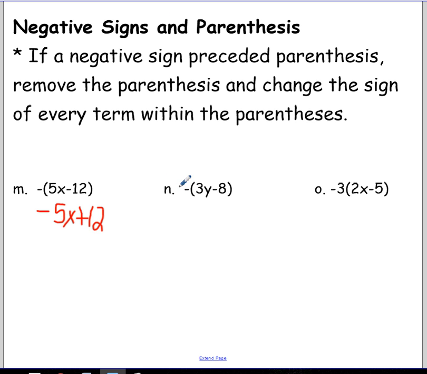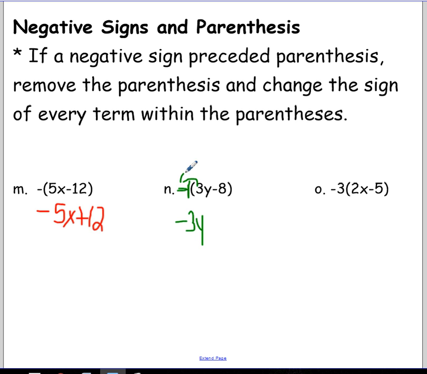Now, the way I like to think of it is that just like before we had invisible ones that aren't needed, I'm going to pull out a 1 here and put it in front of my parentheses with my negative. So I can see that there's a negative 1 that's being multiplied by what's inside the parentheses. So then I distribute. Negative 1 times 3 would be negative 3, and then that has a y.